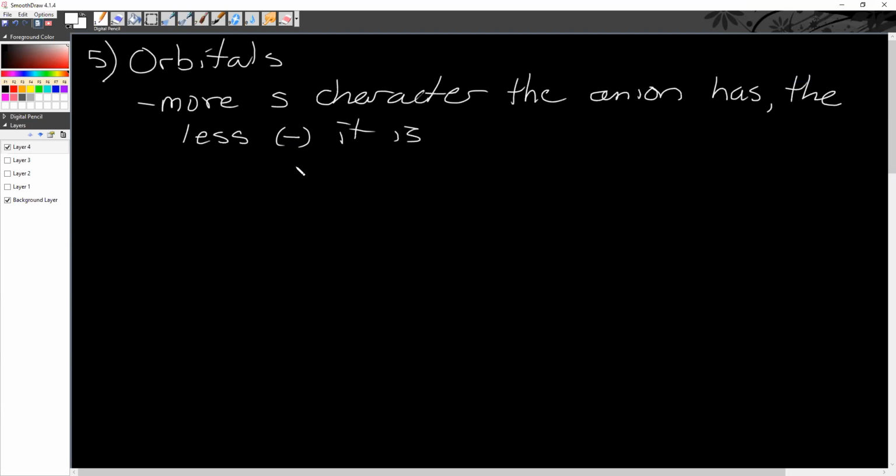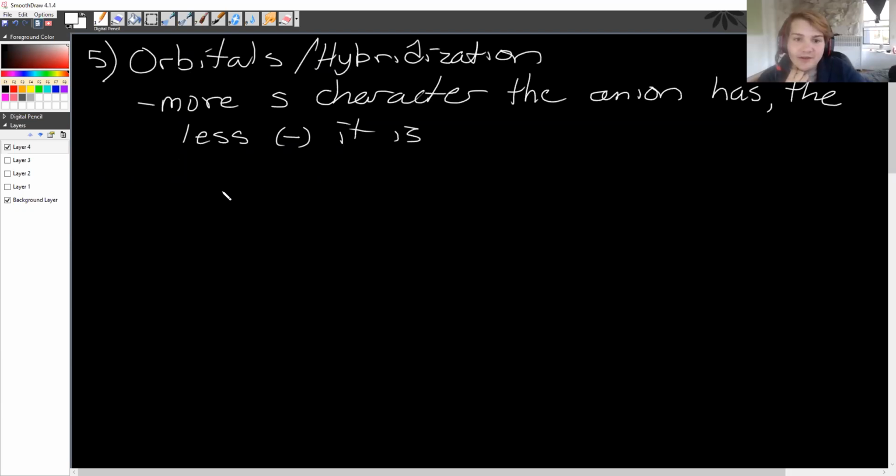Professor Shia talks about hybridization. Are these the same thing? Yep, same thing. Okay, cool. And so remember once again that when you decrease that negative charge, you make the base more stable. The base is then a weaker base, which makes the acid more stable, stronger. So it all ties in together.